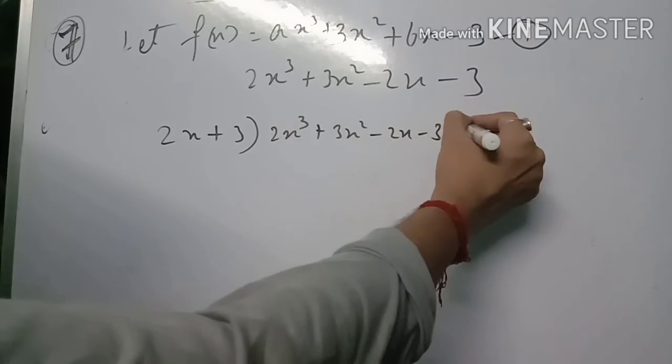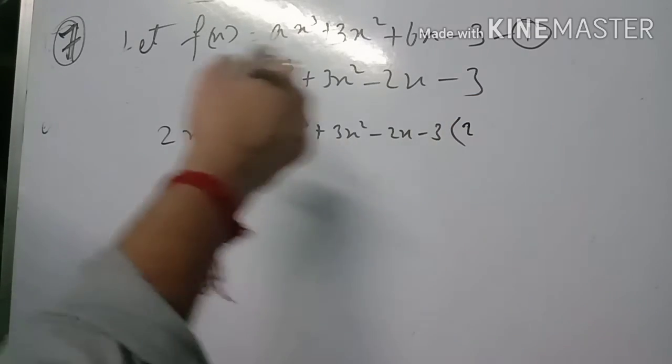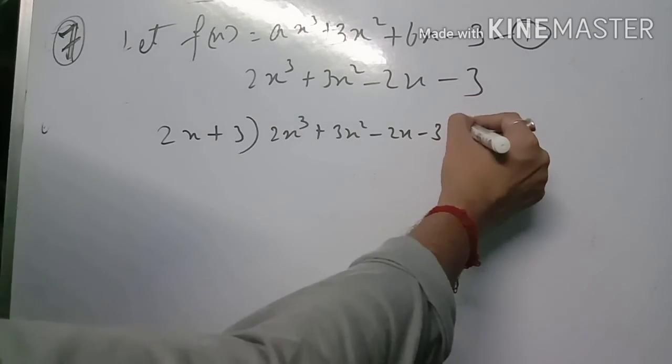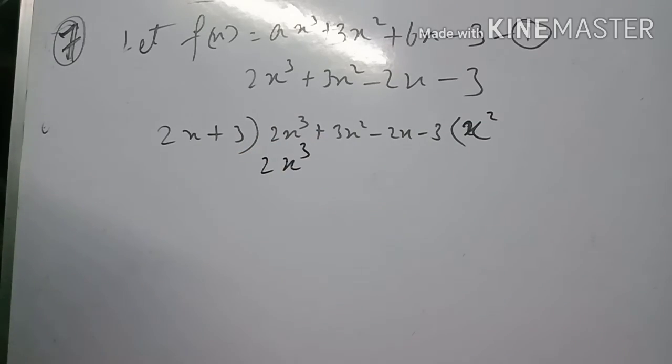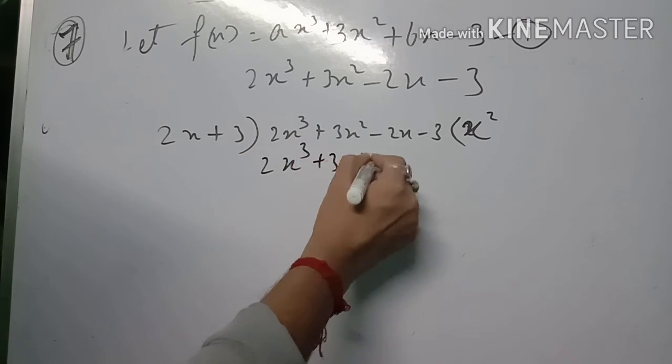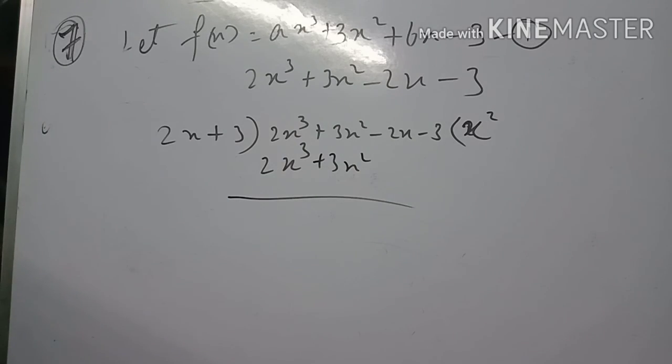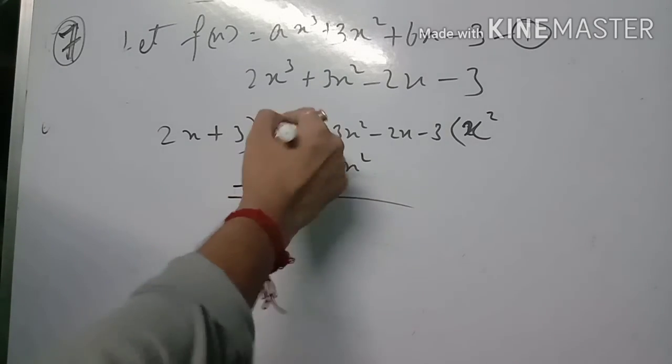Same procedure which I taught you in the last video. It's 2, then it has to be x square. X square is going to multiply, it will make it x cube. It will become 3x square altogether. Fine. Oh, all are getting cancelled.